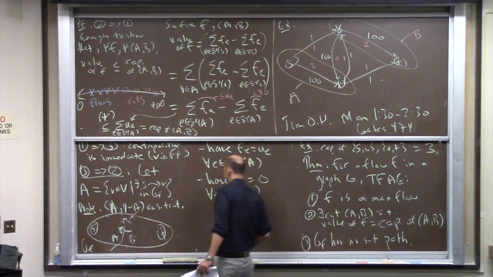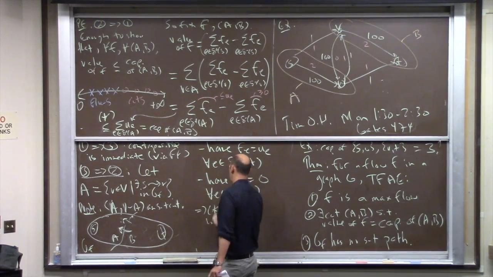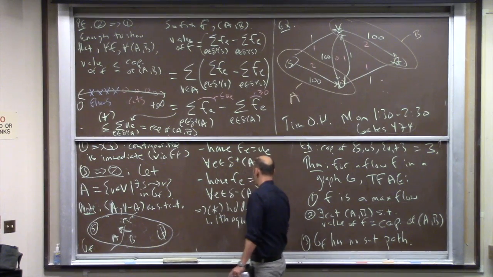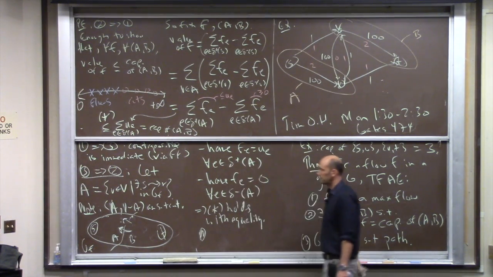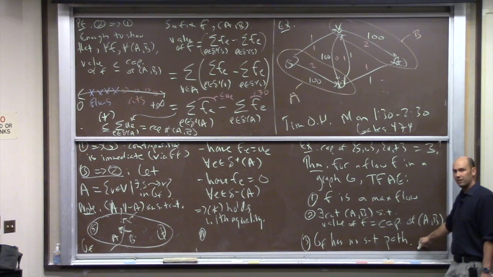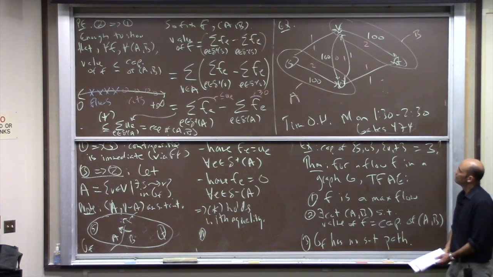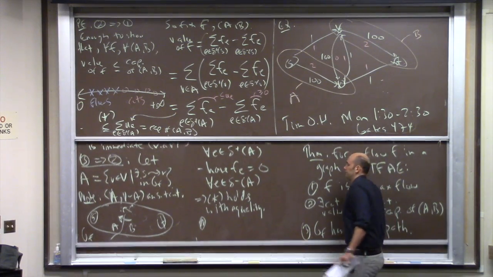Star holds with equality. So that finishes the proof of this theorem. So if there's no S-T path in the residual graph, that's how you exhibit a cut with capacity equal to the flow value. Questions?